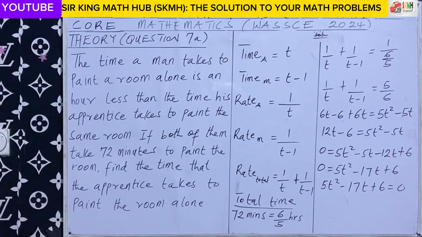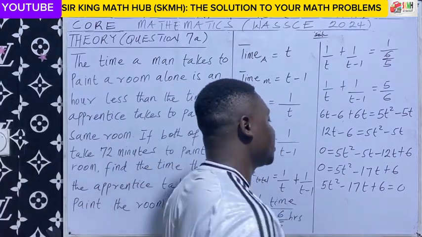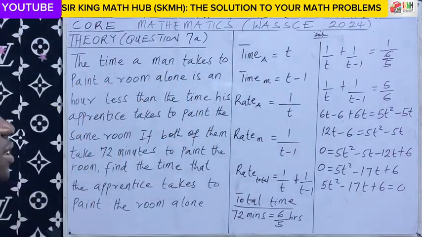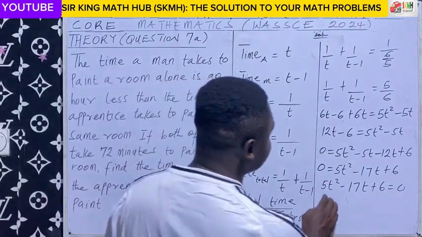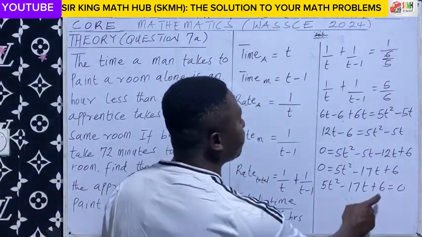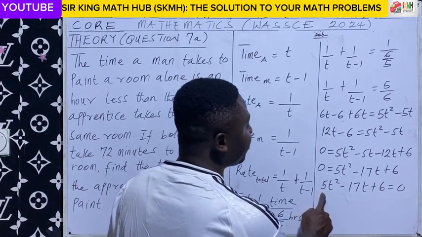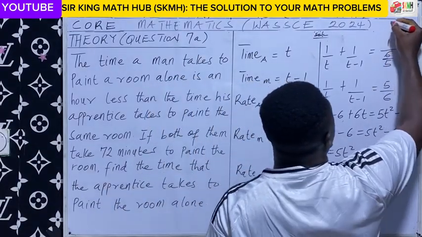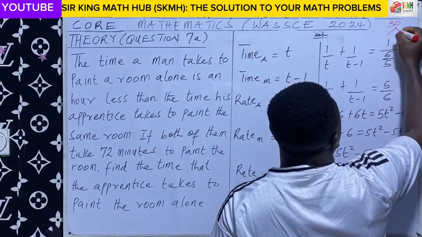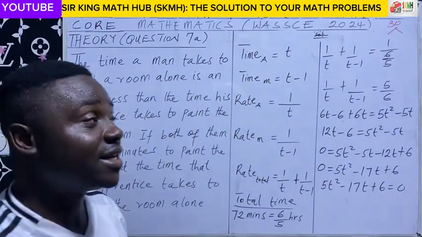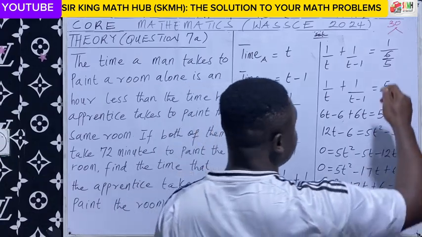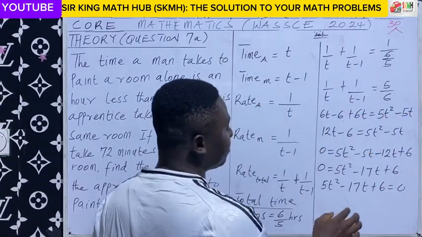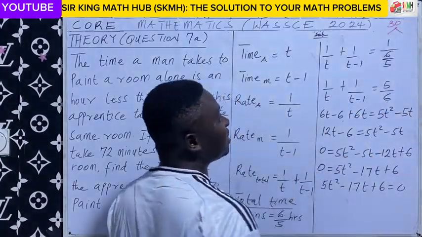So let's solve this quadratic equation. Now, how do you solve this? Let's multiply the coefficient of t squared by the constant. So 5 multiplied by 6, that is 30. So we want factors of 30 such that when we multiply them, it should give us positive 30, but when we sum them up, it should give us negative 17.